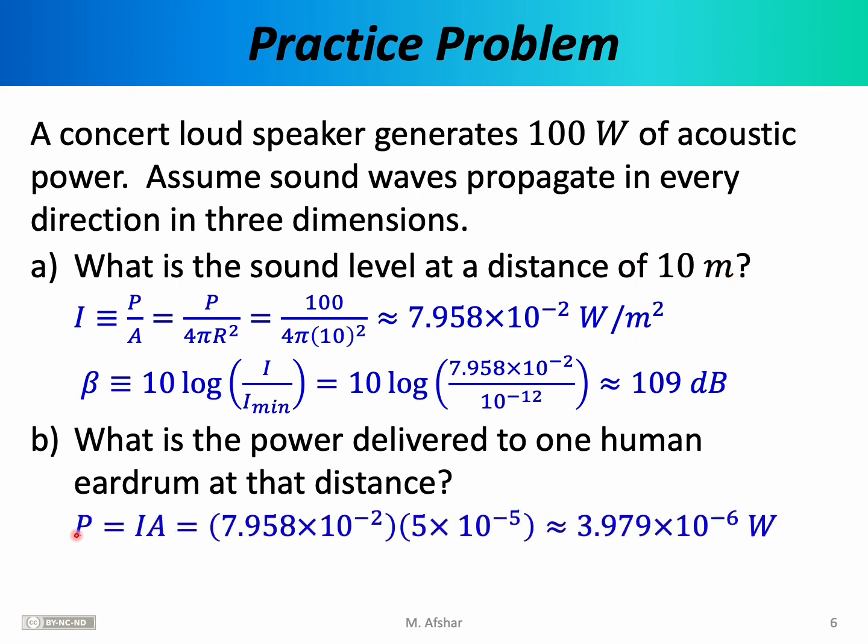So what is power? Well, remember that intensity is power divided by area. Rearranging that equation, we find that power is intensity times area. We've already calculated the intensity at a distance of 10 meters. The intensity was given by this number here. But now we're interested in not the total power that is spread out over that 10-meter sphere.